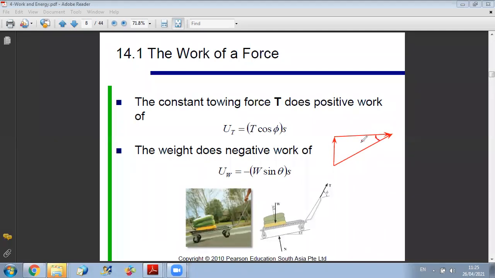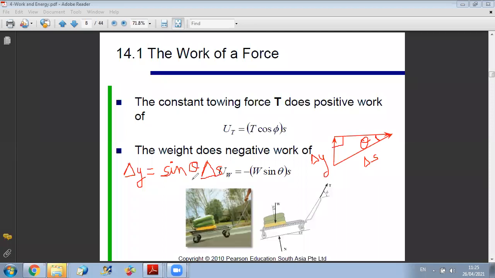So this is theta, this is delta S, this is delta Y. From this figure, I can relate delta Y to delta S through this right triangle by saying that delta Y is equal to sine theta times delta S.